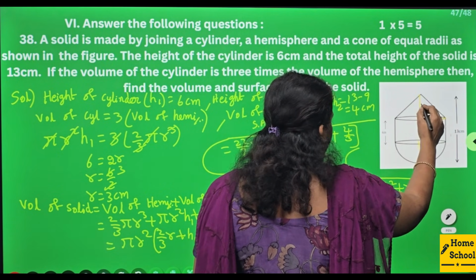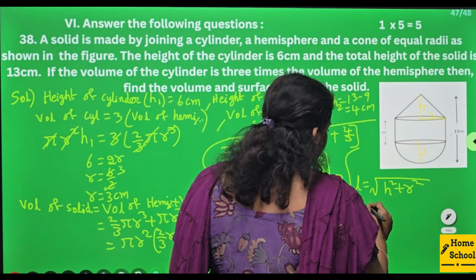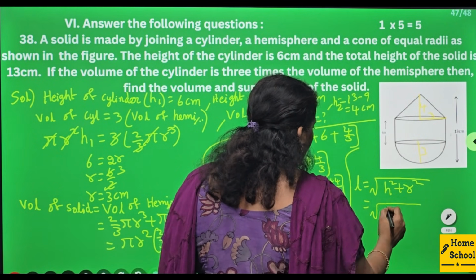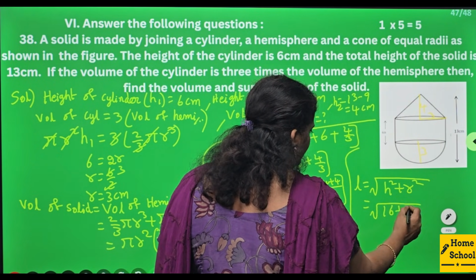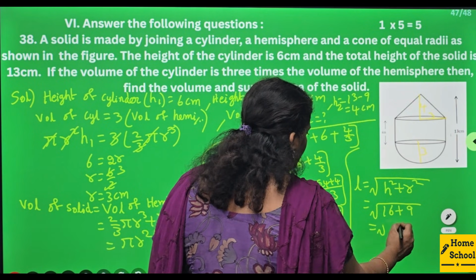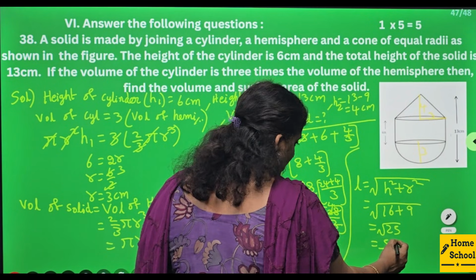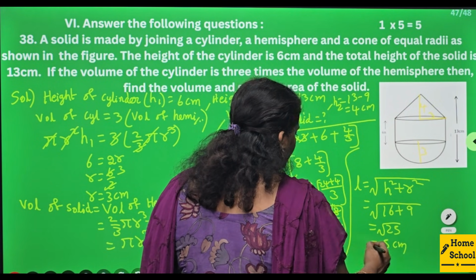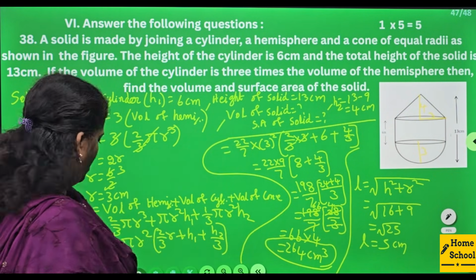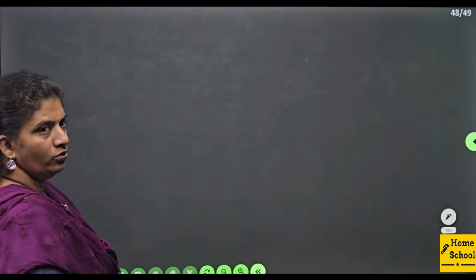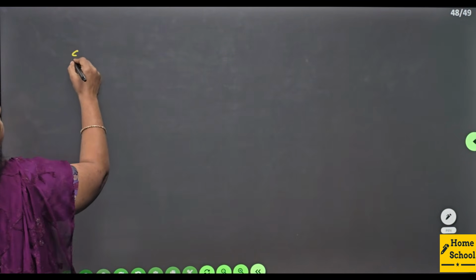That is, h is 4, 4 4s are 16, r is 3, 3 3s are 9. 16 plus 9 is 25. That will be square root of 25 is 5 centimeters. Right?